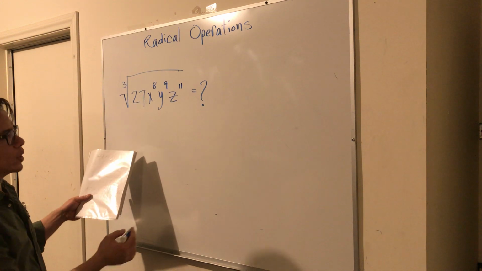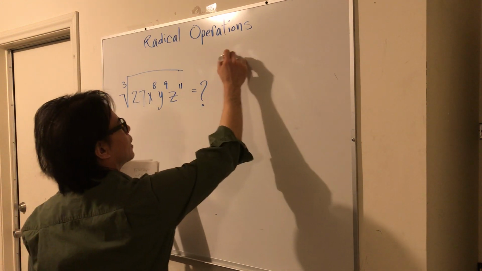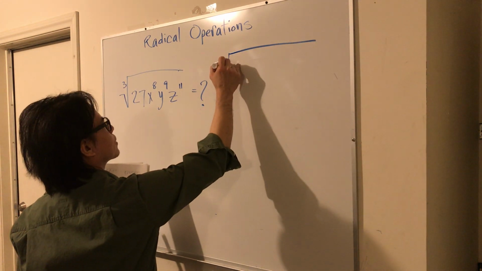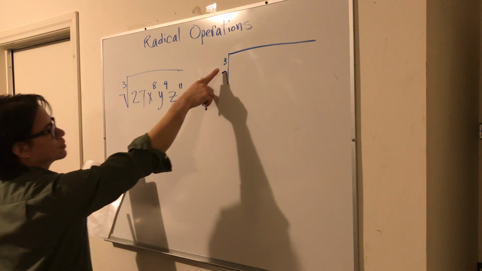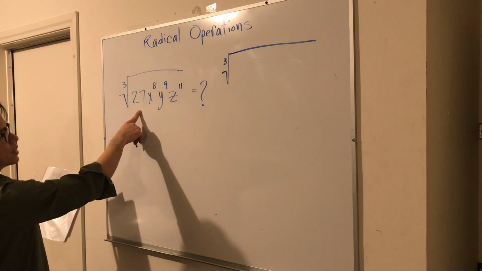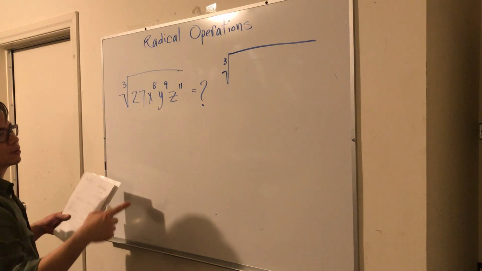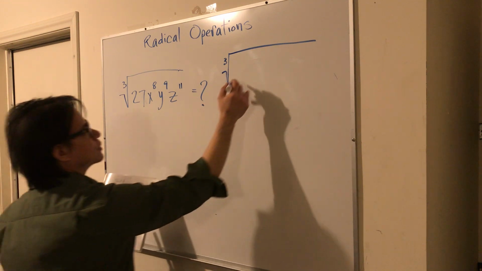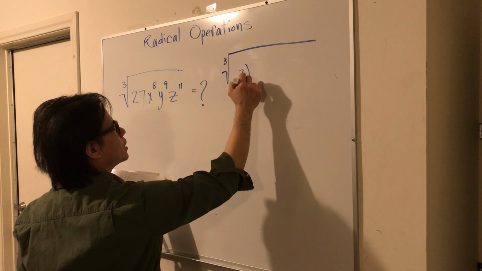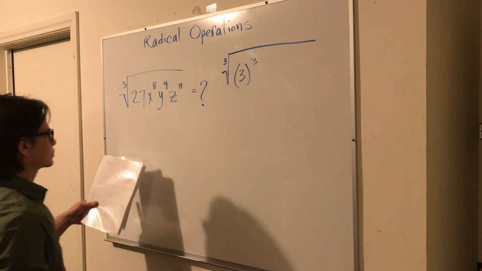We'll do it the long way here. Okay, I'm going to have the 3rd root of, now because our magic number is a 3, I'm going to see if we can get things to the 3rd power. So 3 times 3 is 9, 9 times 3 is 27. So I'm going to go with 3 to the 3rd.